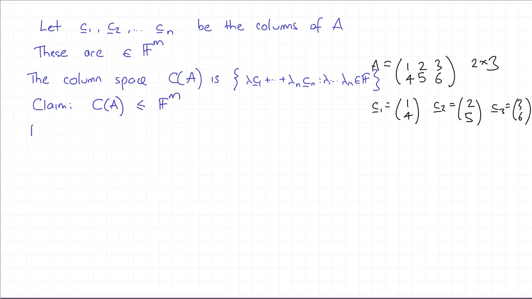And as usual, to prove it, we just check the three parts of the definition of being a subspace. So the column space C of A is defined to be the set of all linear combinations.